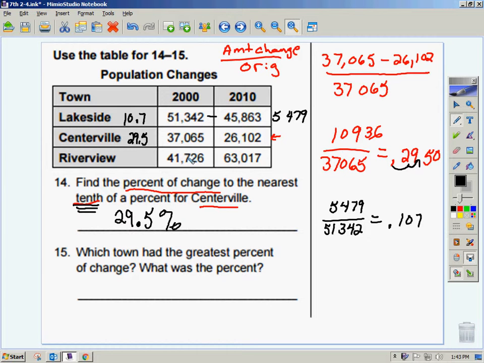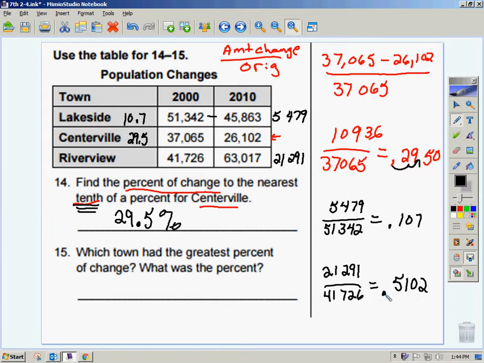I take 63,000 minus 41,000 here. This is a 21,291 difference. And I divide that by the original, 41,726. And as a decimal, this comes up to 0.5102.